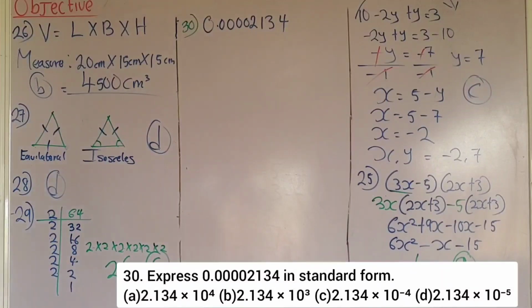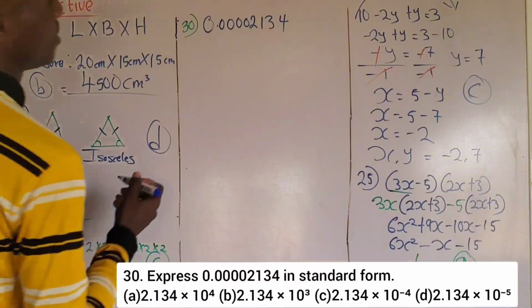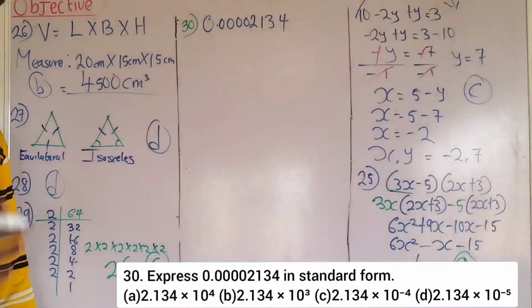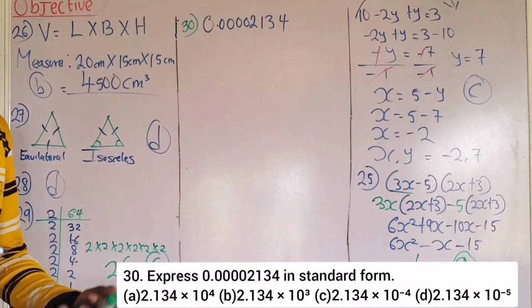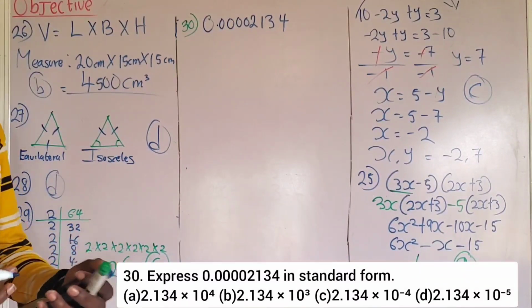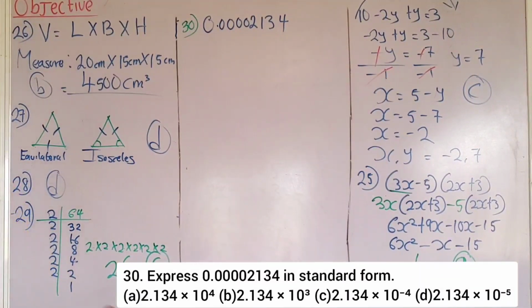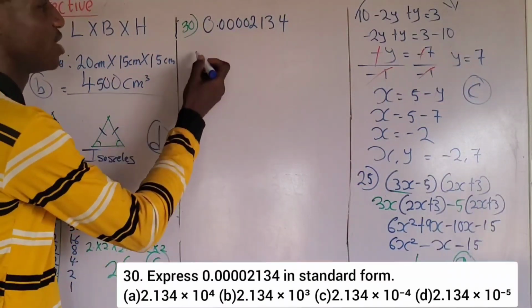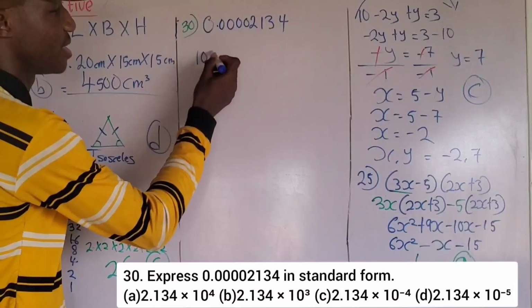Okay, so if you want to express this in standard form, how do we go about it? The number of places you move the decimal point will determine the sign that the power of 10 is going to carry. Let me quickly take you through this. Let's say you are asked to express 100 in standard form.